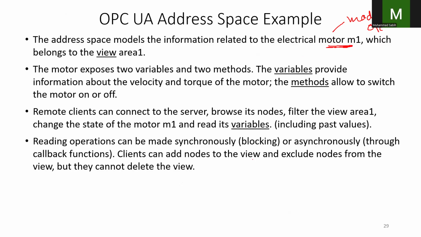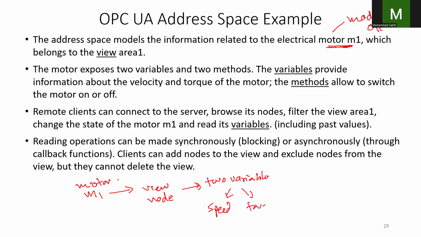This view is useful for filtering and organizing the server's address space in a logical way for the client. And the motor itself exposes two variables, speed and torque, and two methods, start and stop. So what we saw is we have motor 1, and this motor 1 has a view node, and it has further two variables, the speed and the torque.